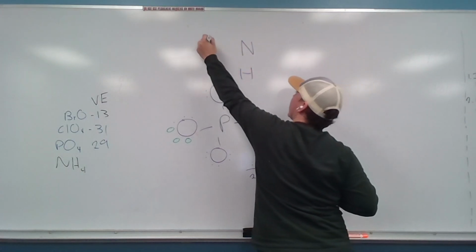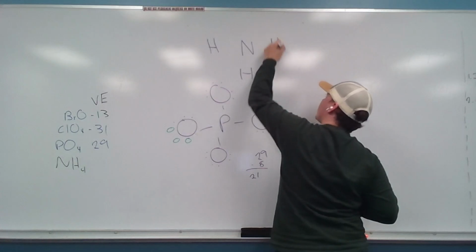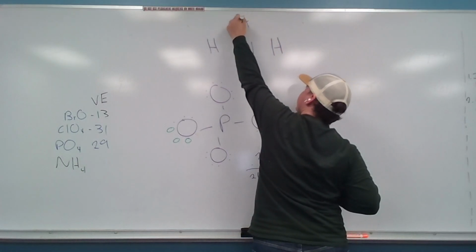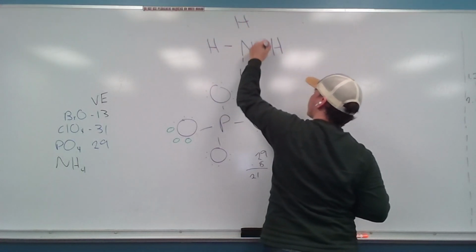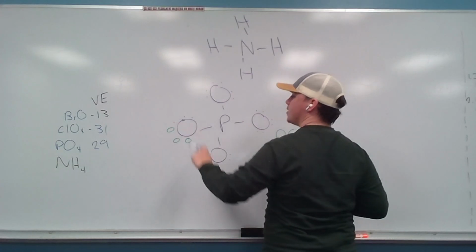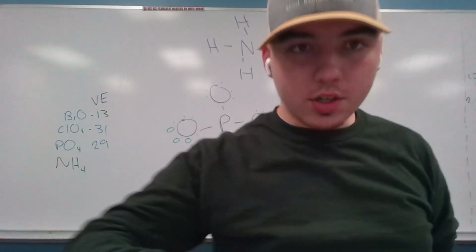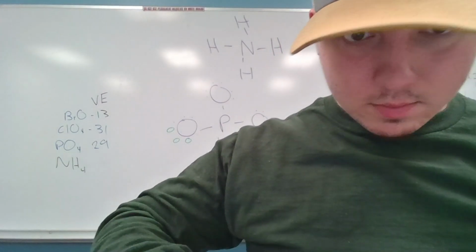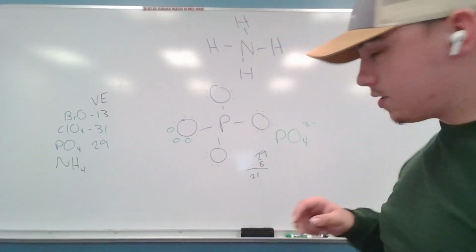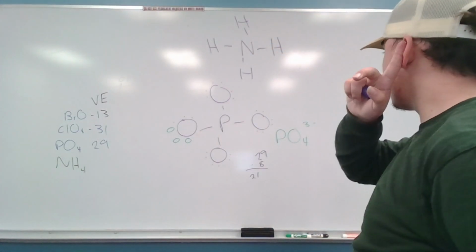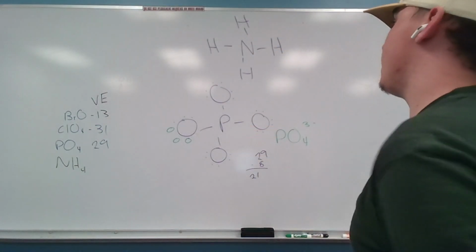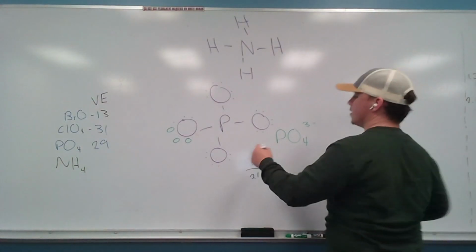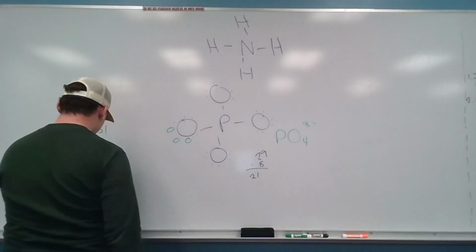Ammonium has, so nitrogen has 5 valence electrons, and then we get +4 from the hydrogen, so that's going to mean it has 9 valence electrons.